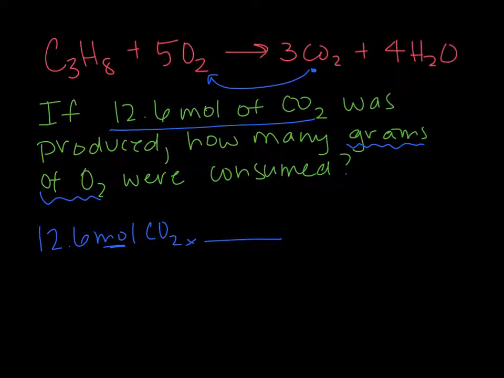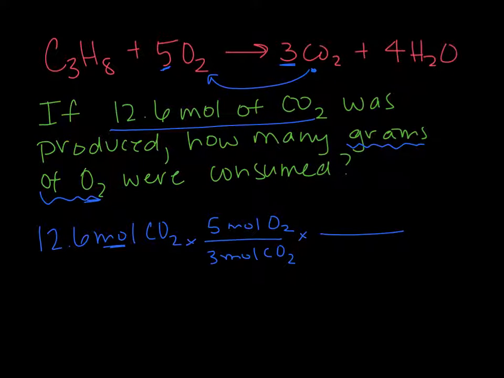In the reaction, it says that I've got 3 moles of CO2, so I put that on the bottom because moles of CO2 is on the top. And 5 moles of oxygen goes in the top because that's what I'm looking for, and the reaction says there's 5 moles. But I don't want to end with moles, I want to end with grams.